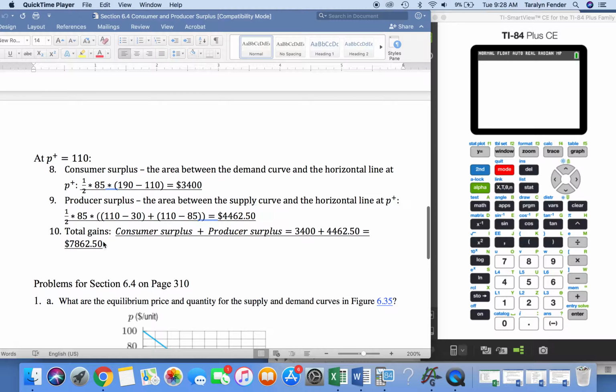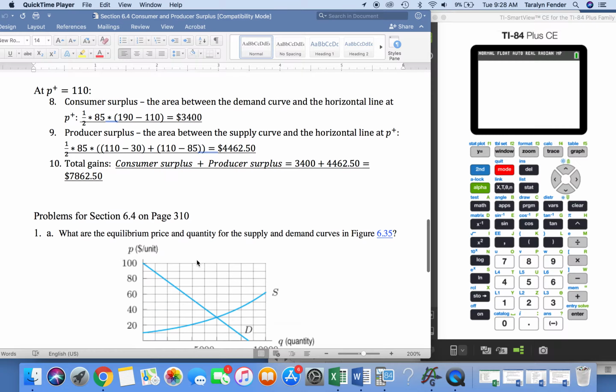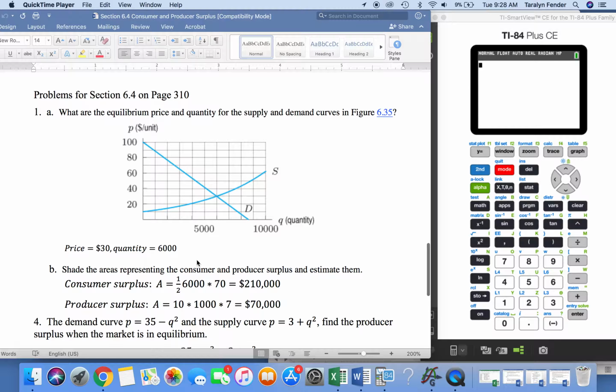When you add those together, you get $7,862.50.